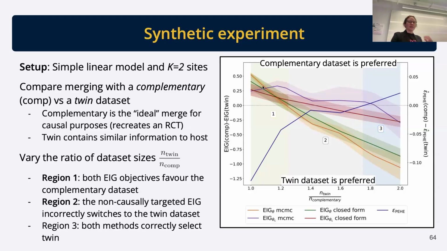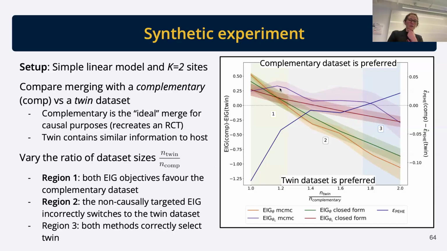So essentially what we can notice here are 3 regions. Oh, sorry, and on the right, we're showing the difference between the mean squared error between the complementary and the twin CATE estimates, right? Anything that is below here will favor the twin data set.